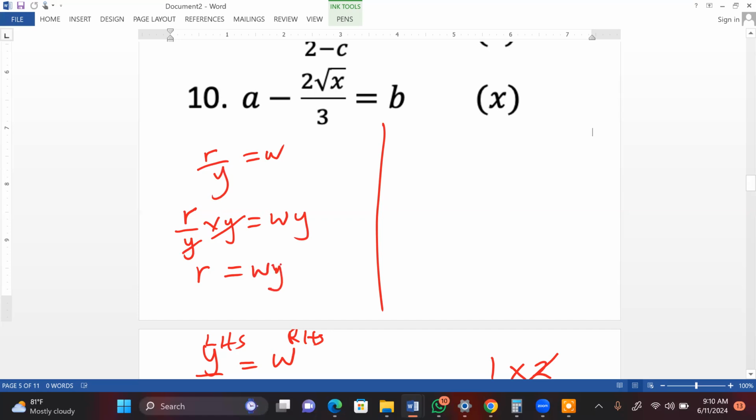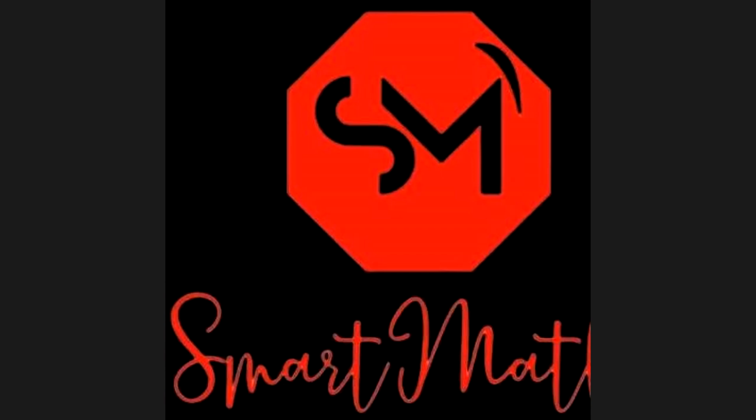Don't forget why you want to make y the subject of the formula. The next stage is to divide both sides by w, because w is multiplying y. The w cancels.